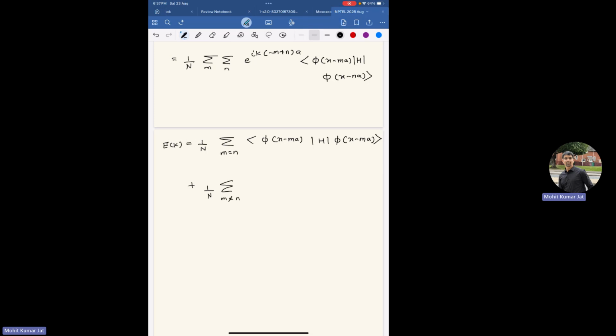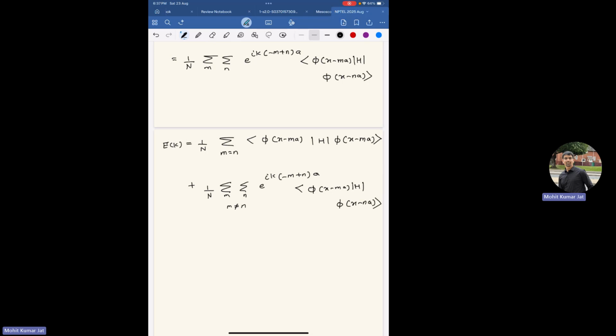This summation is over m and n both: this summation is over m, this summation is over n, and m is not equal to n. It will be e to the power i k times (minus m plus n) a, phi of x minus ma, Hamiltonian H, phi of x minus na.